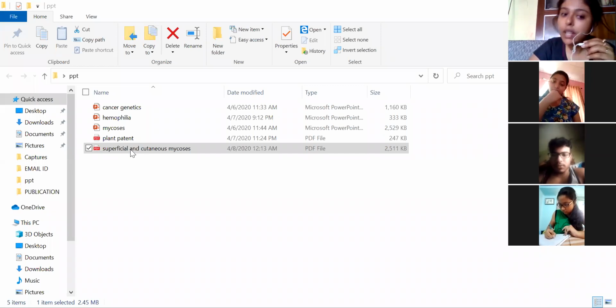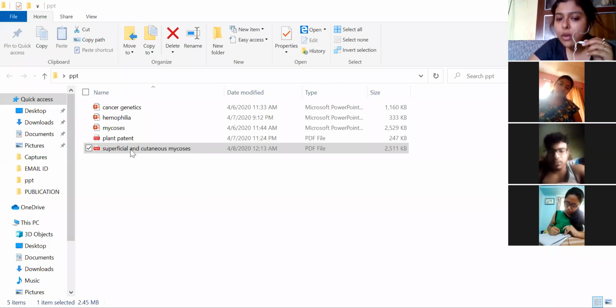These are the names of the diseases: Tinea versicolor is one disease, then Tinea nigra is another disease, then black piedra, and then white piedra.